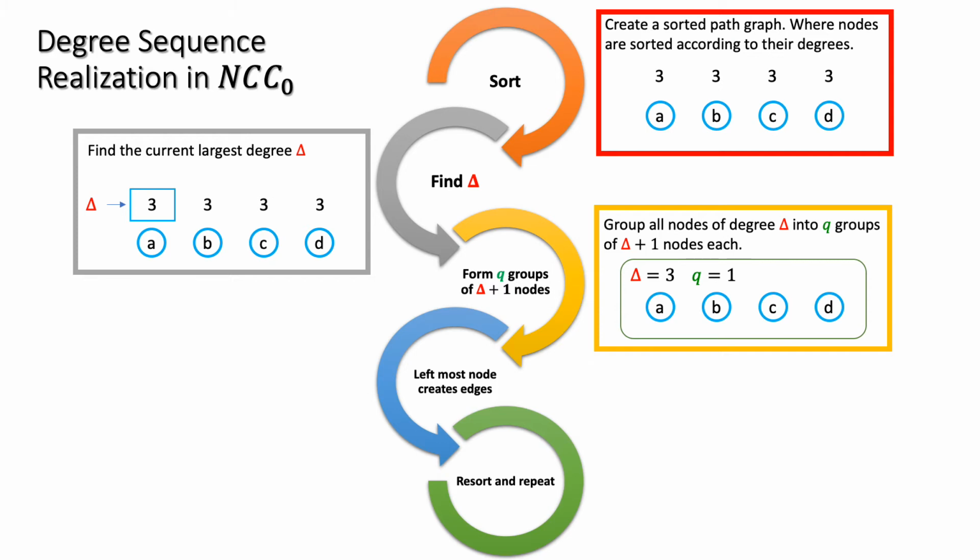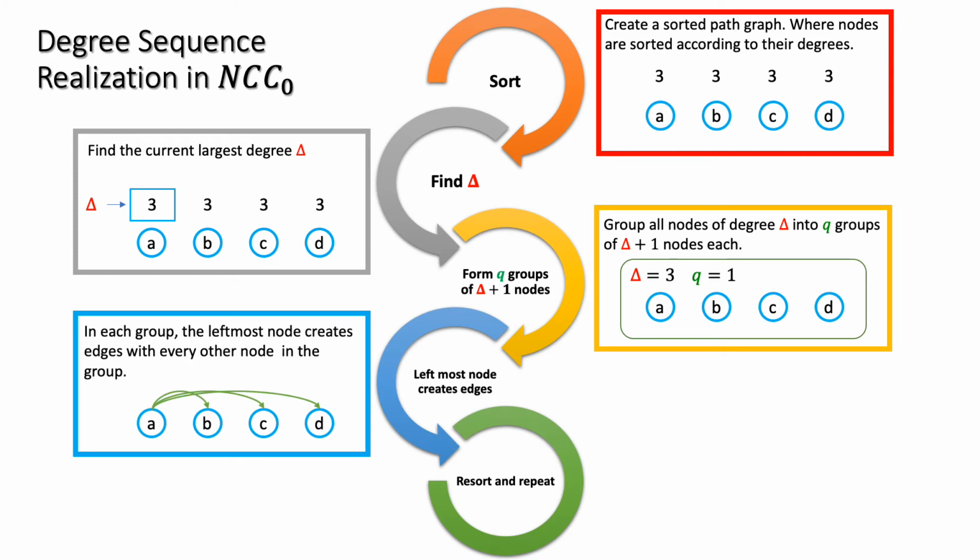We group all nodes of degree delta into Q groups of delta plus 1 nodes each. Here we only have one group of 4 nodes. In each group, the leftmost node creates edges to every other node in the group. Here, A creates edges to B, C, and D. By creating an edge, we mean it broadcasts its ID to them.